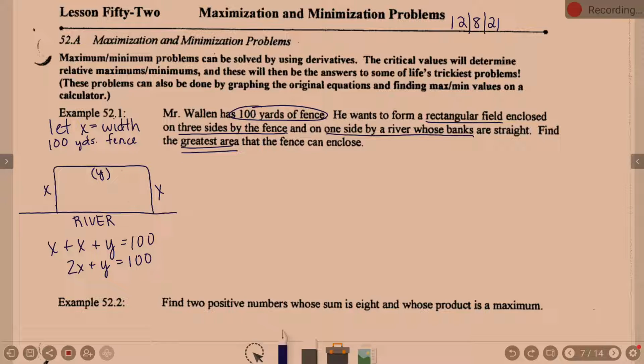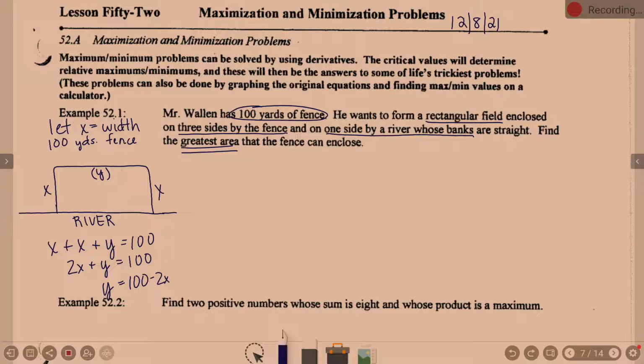So the whole reason they told us that 100 yards of fence is because that's the connecting feature there. If I want to solve that in terms of y, we know y is 100 minus 2x. Obviously, you could also write negative 2x plus 100 if you prefer.